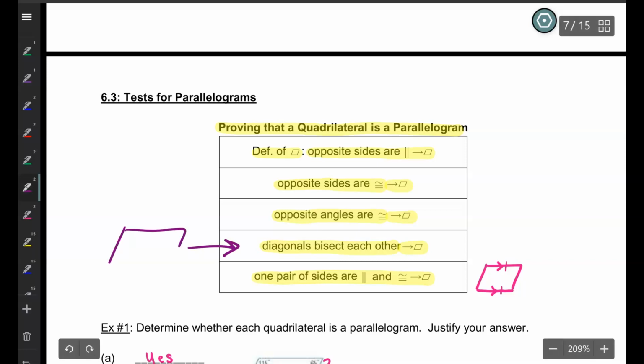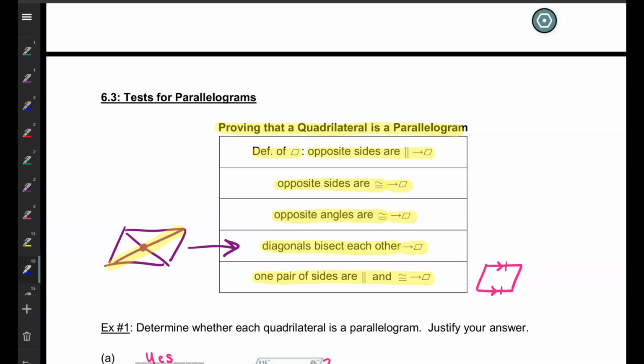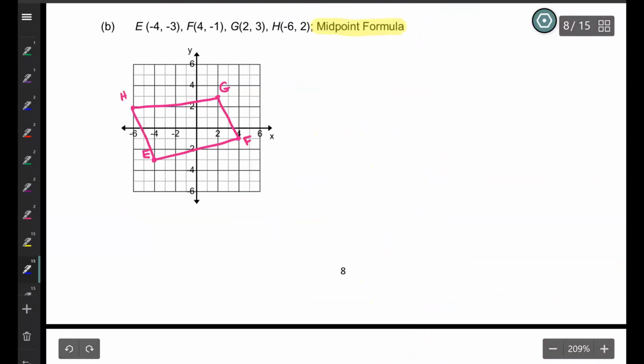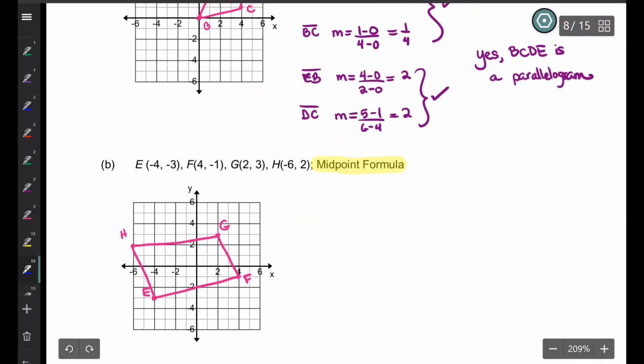So if diagonals bisect each other, that means the midpoint of that diagonal has to be the same midpoint for the other diagonal. So let's do first the midpoint formula, just a quick reminder, is (x1 plus x2 over 2, y1 plus y2 over 2).